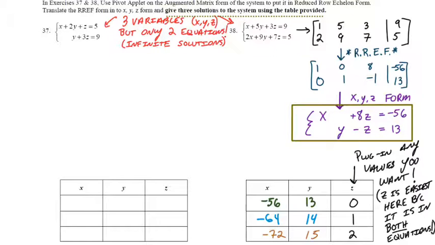And last but not least, if you plug a 2 in for z right here, what number minus 2 gives you 13? Well, that'd be 15. And if you plug a 2 in for z here, it'd be x plus 16 equals negative 56. So if you subtract that 16 from both sides, you get x equals negative 72. So there are your 3 separate solutions, your 3 ordered triples.